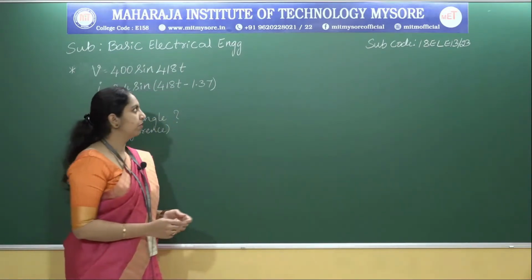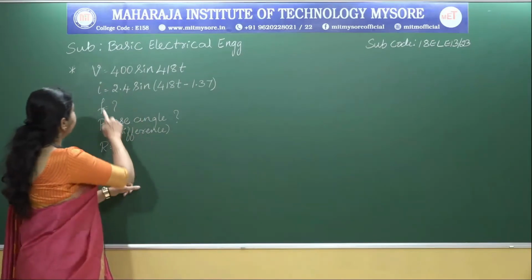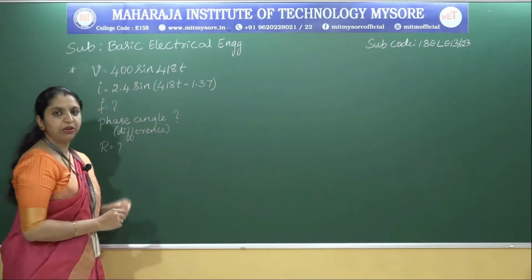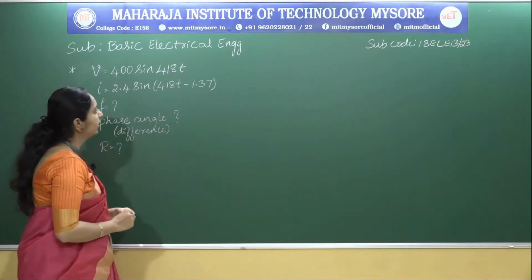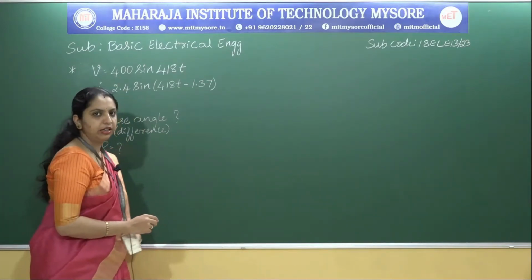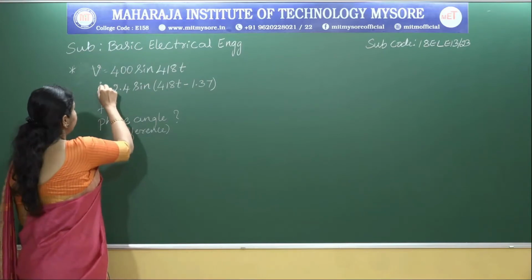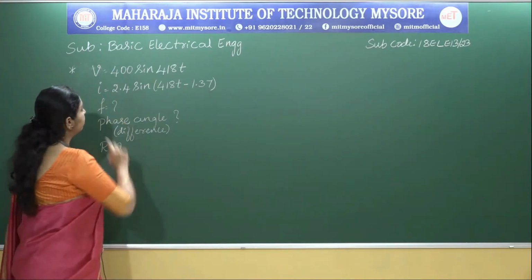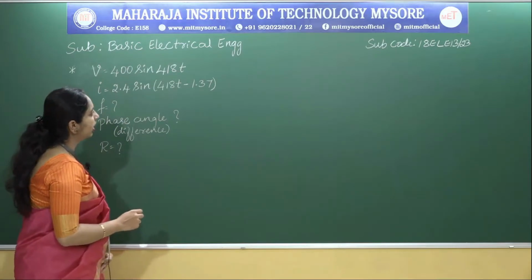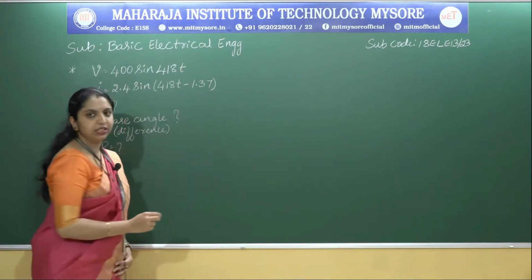In the first problem, the applied voltage is given as V equals 400 sin 418t, and the instantaneous current is also provided: 2.4 sin(418t minus 1.37).